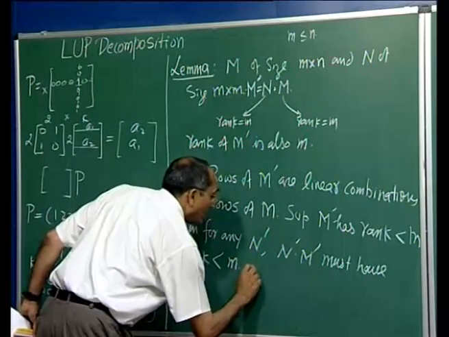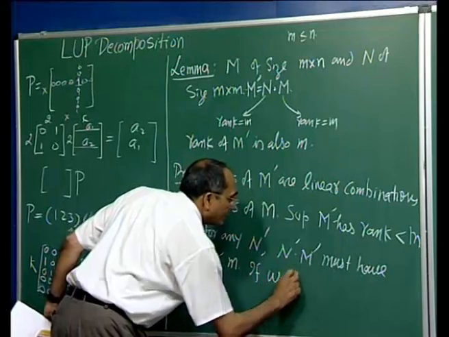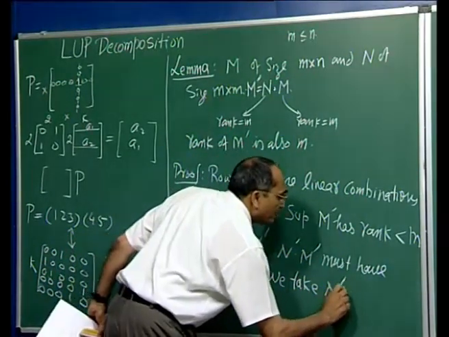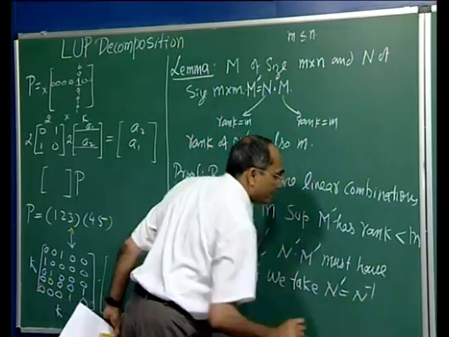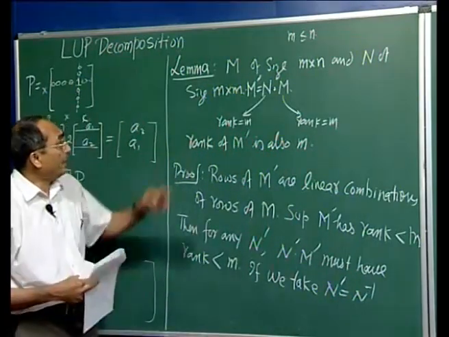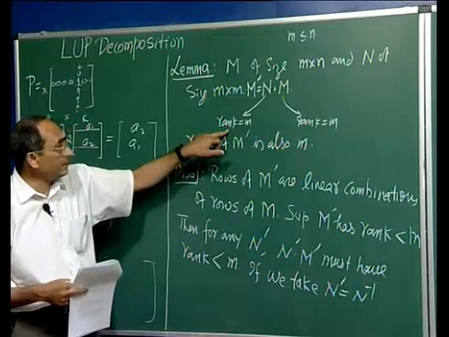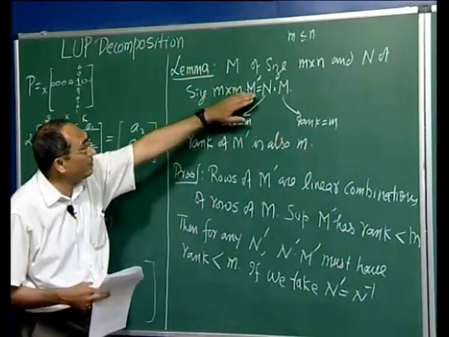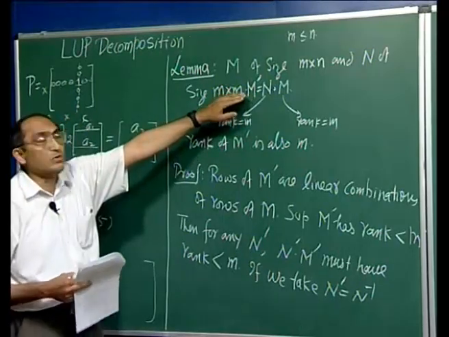Now, if we take N prime to be n inverse. Notice that our n is a full rank matrix, hence its inverse exists. Full rank for a square matrix is equivalent to non-singular.